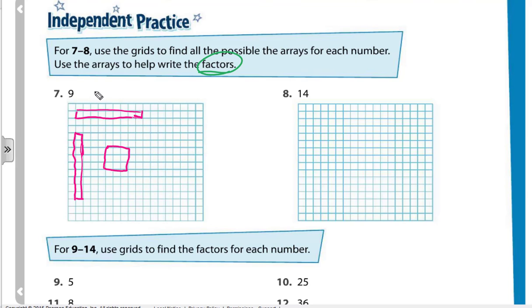Okay, Jad, tell me the numbers without repeating. The numbers that we used to get 9. 1 multiply 9. 1 and 9. Great. What else? 9 and 1. Oh, this is repeating. Do not repeat.